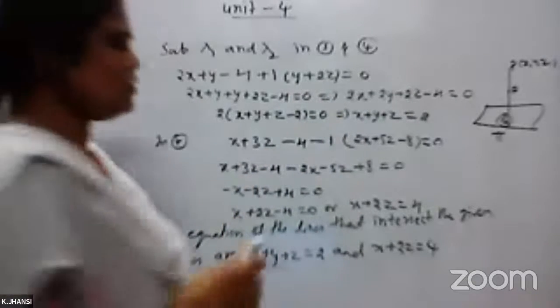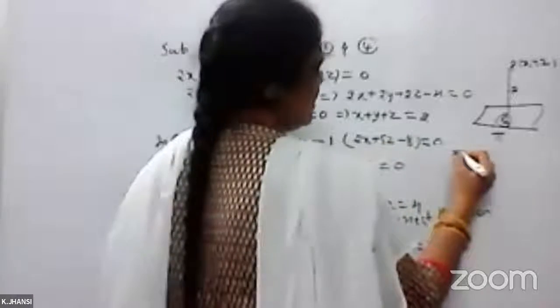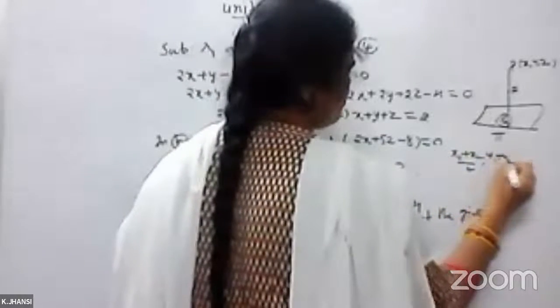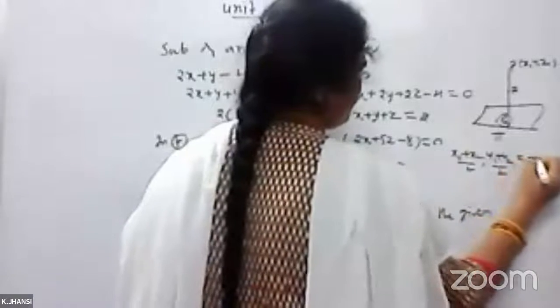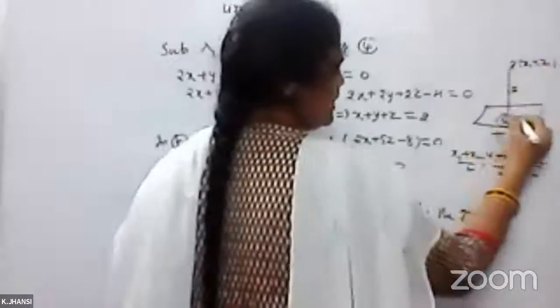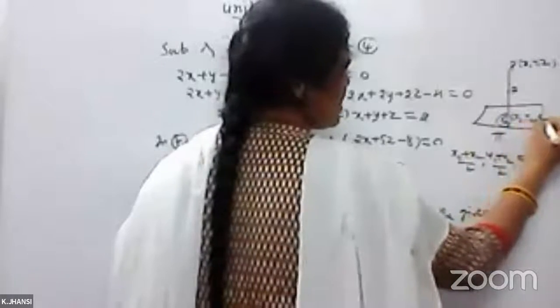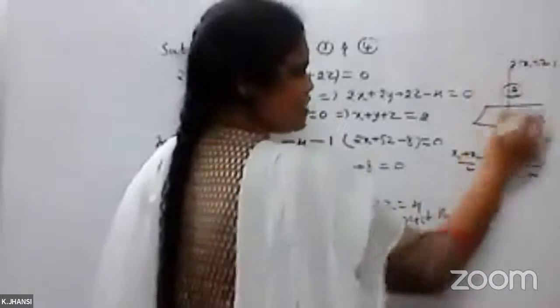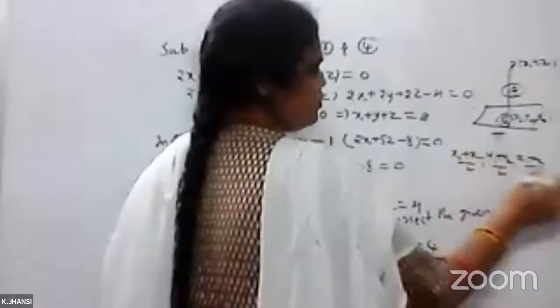The midpoint formula is x1 plus x2 by 2, y1 plus y2 by 2, z1 plus z2 by 2. So this is x1; if you take here x2, y2, z2, we get this R as the midpoint of these two. When you divide this by 2, you will get that one.